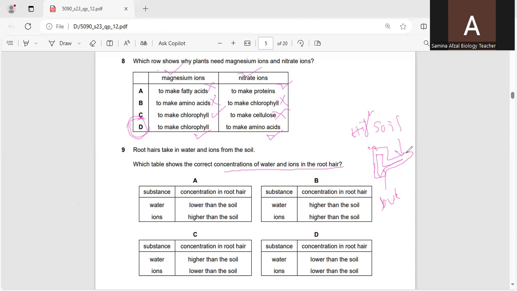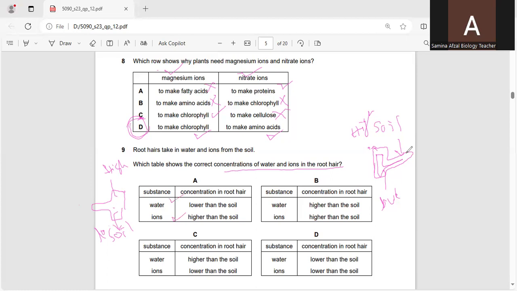And ions will always move when they are in higher concentration in the root hair cell. They are in higher concentration as compared to the soil. The soil has lower concentration. So option A can be the correct option.